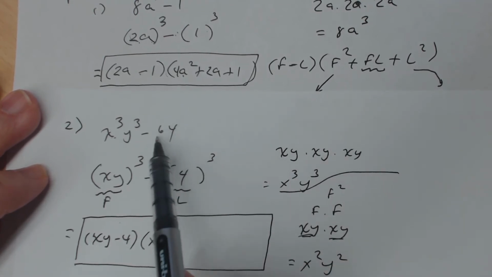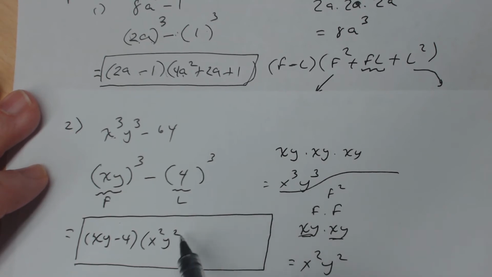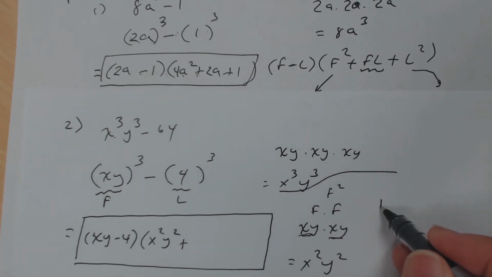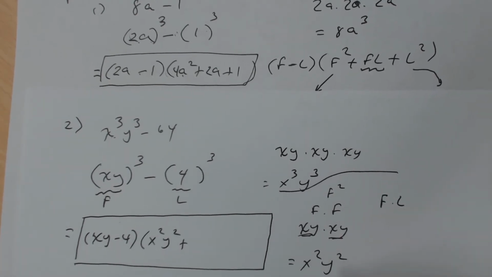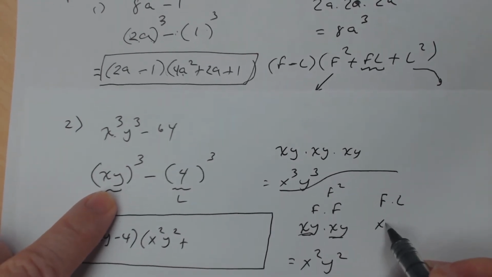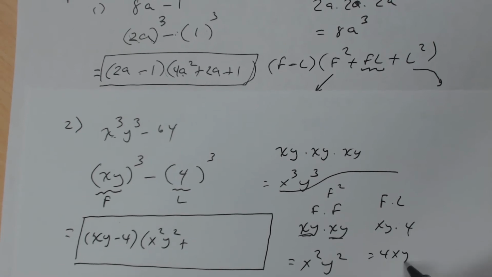Then remember, for the difference of two cubes, when you factor it, that second term is going to have a plus symbol right here. Then it says I multiply F times L. If F is xy and L is 4, I get 4xy.